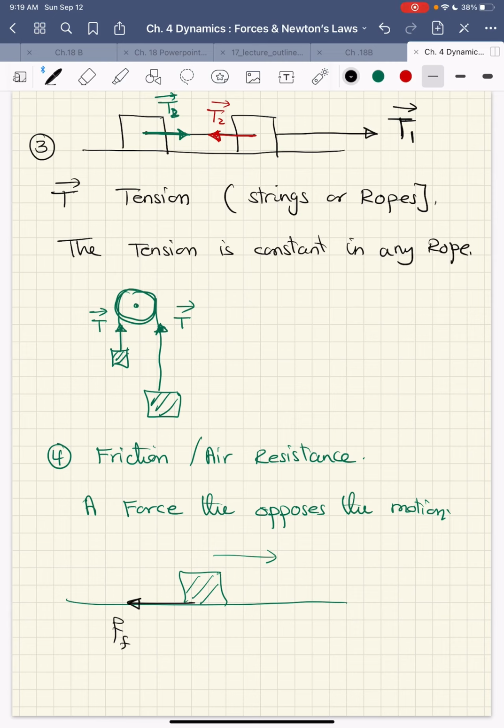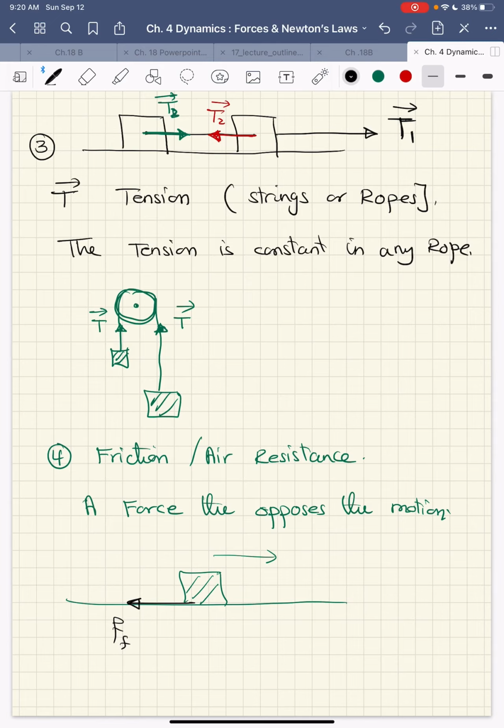Now, I will go over the steps for problem solving, and then I will start talking about problems related maybe to Newton's first law first, and then I will talk about other examples later.